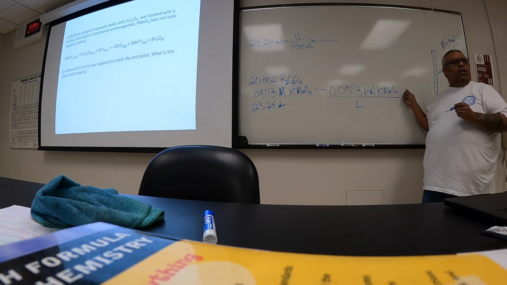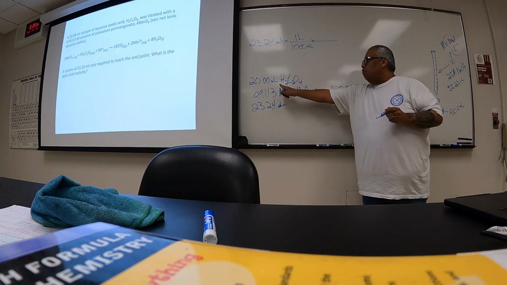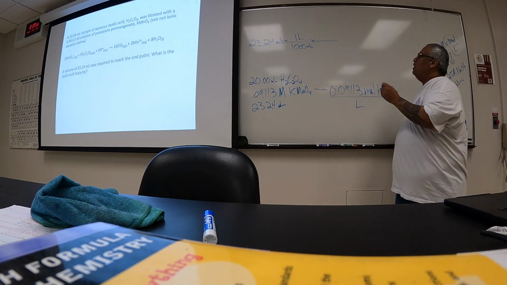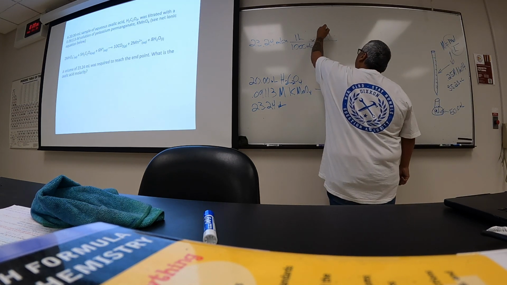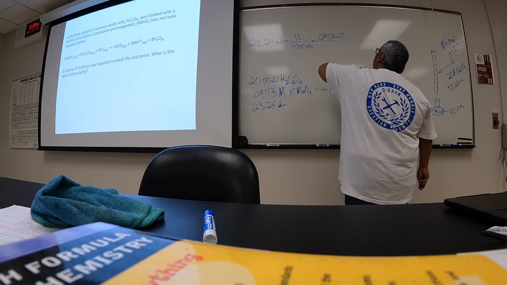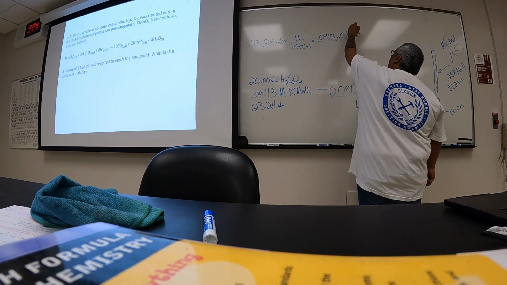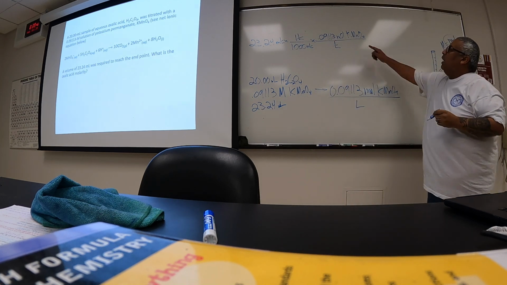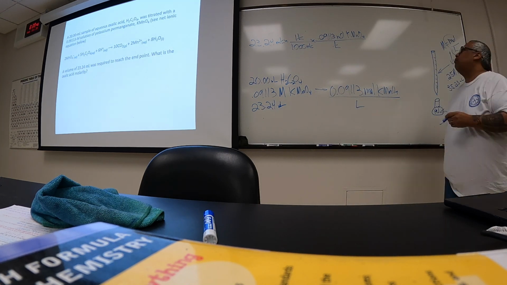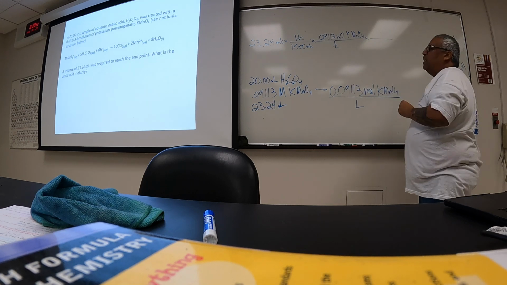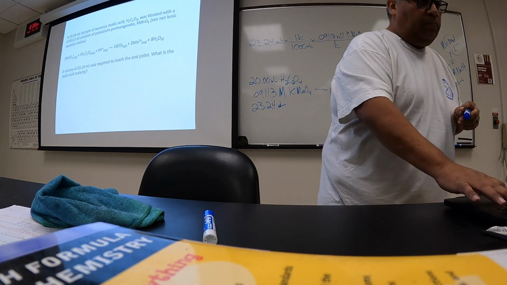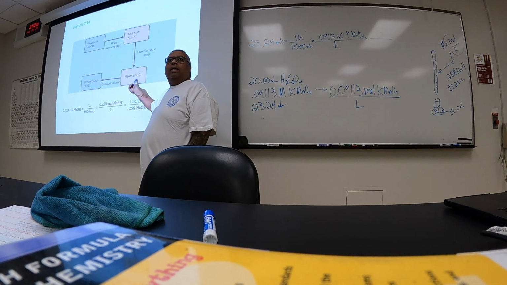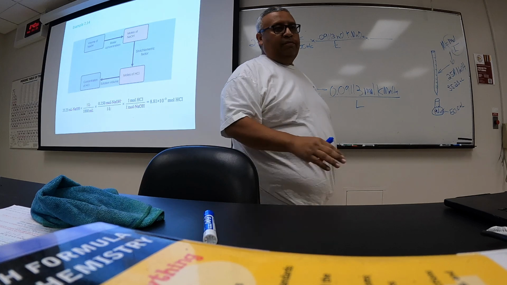Now, before we can convert moles of permanganate into moles of oxalic acid, we need to convert this to simply just moles first. And we have these liters down here. So we're going to go 0.09113 moles of potassium permanganate for every liter. And those units are canceled out. And now we have moles of permanganate. We need to convert moles of permanganate into moles of oxalic acid using our stoichiometric factor.